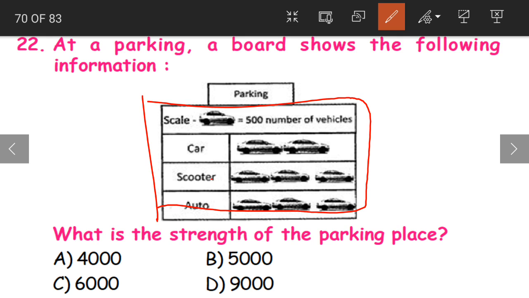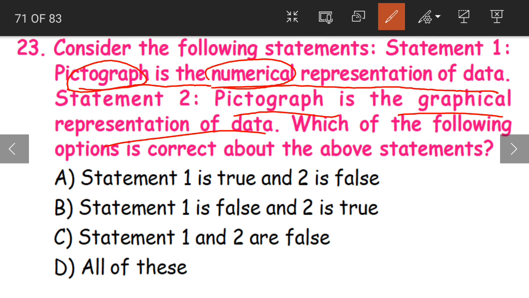Now here, is the information displayed using numbers? No, it is represented using pictures. So the first statement, that pictograph is the numerical representation, becomes false. Now coming to statement 2, pictograph is the graphical representation.